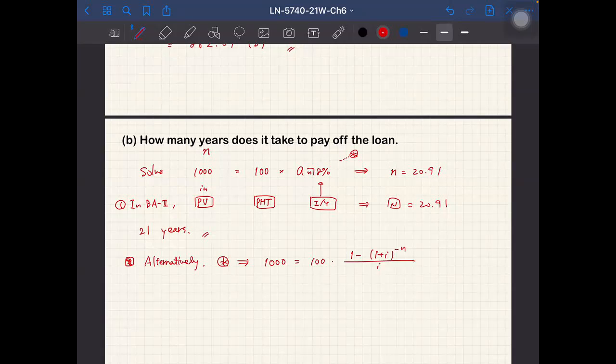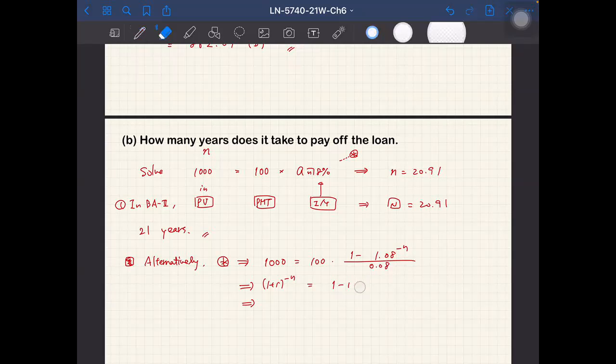We divide both sides by 100, so this becomes 10. Then we multiply by i, so 10i. And we move the 1 and this 10i, so 1 minus 10i equals (1 plus i) to the power negative n. And i is actually 8%, so I just plug that in: 1.08 to the power negative n.